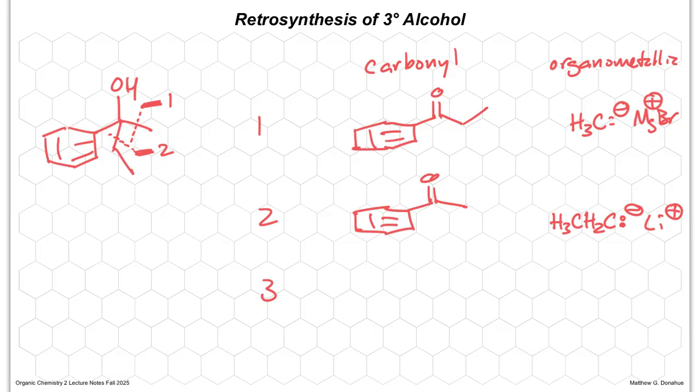Then the third one is the last disconnection. Still a ketone, but now we're using an aromatic ring as the nucleophile. So those are 3 ways we can disconnect any alcohol.